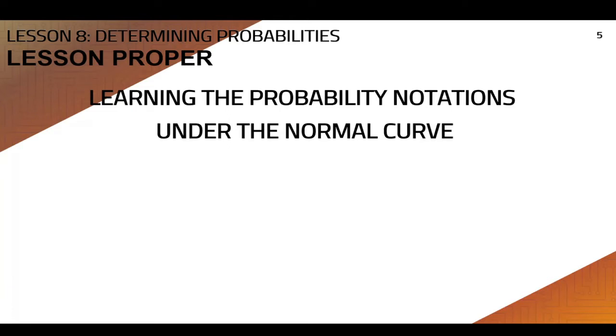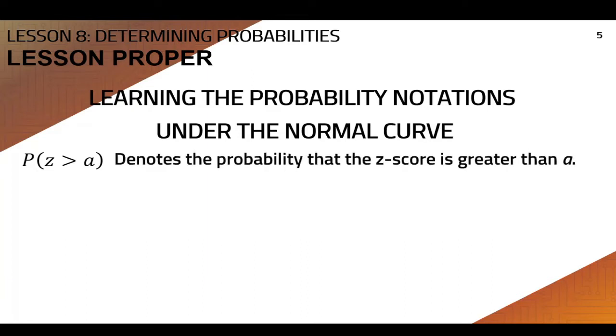Learning the probability notations under the normal curve. When we see a notation like this, P is the probability of Z greater than A, it denotes that the probability that the z-score is greater than A. A can be any number.